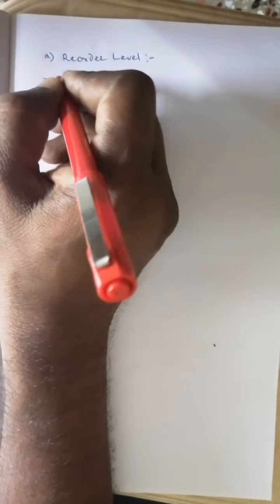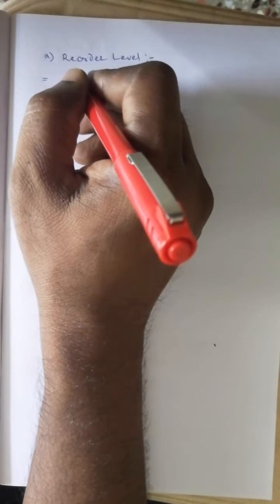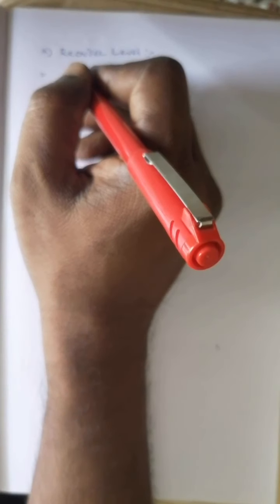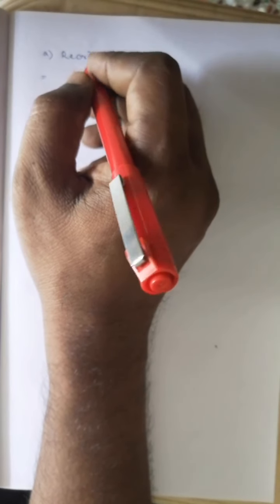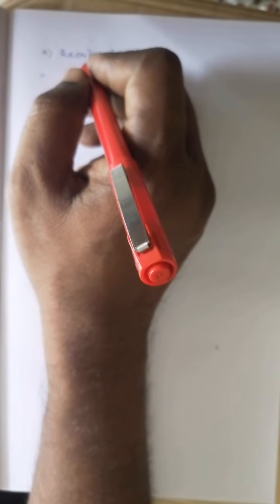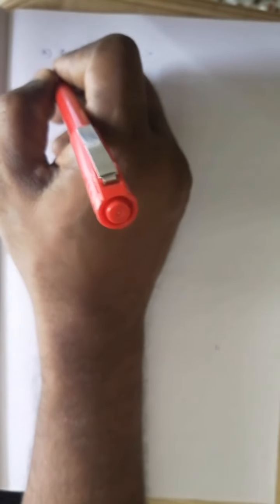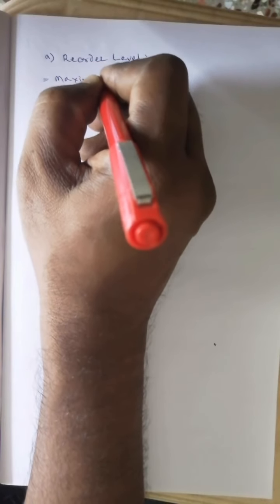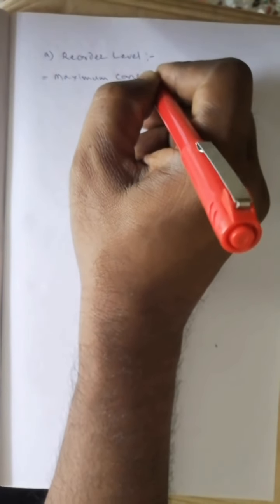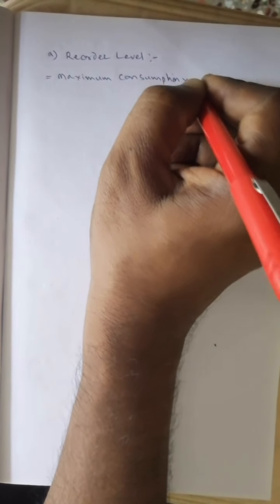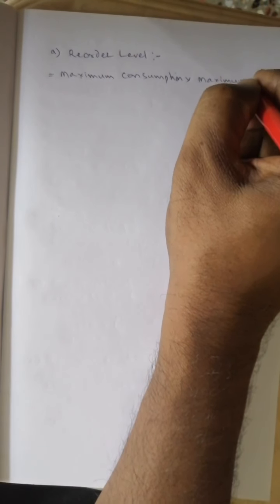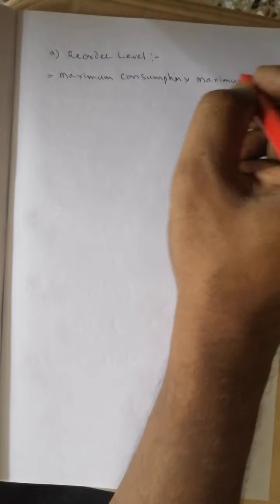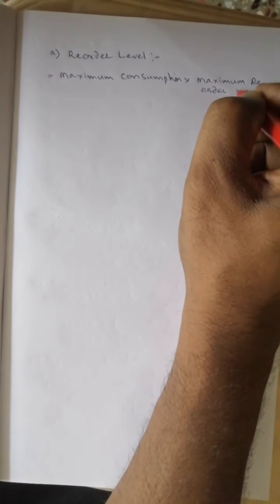The reorder level formula is, every time we have to write the formula and substitute the values for the two components so that at a time we can complete all the stock levels that are asked in the illustration. Reorder level is equal to maximum consumption multiplied with maximum reorder period.